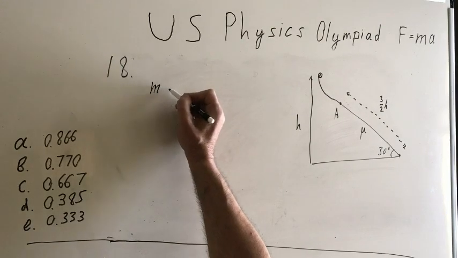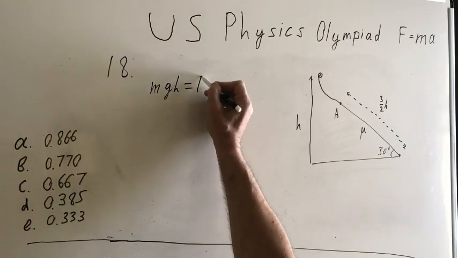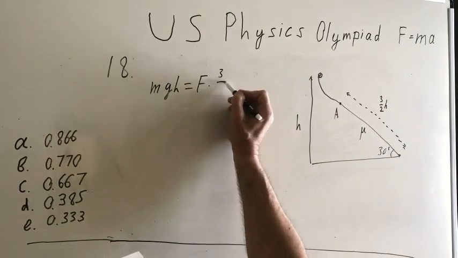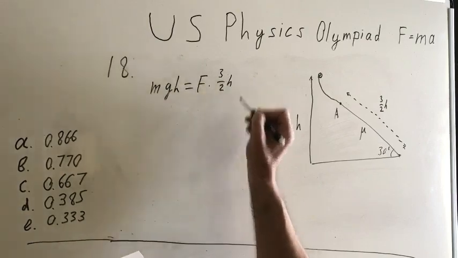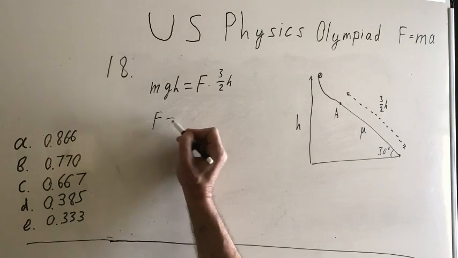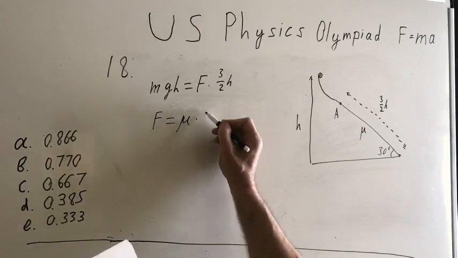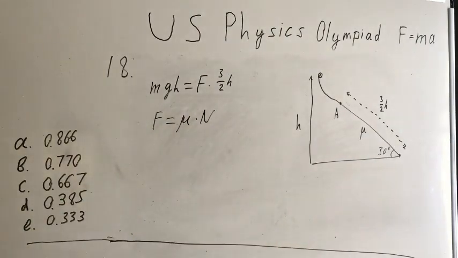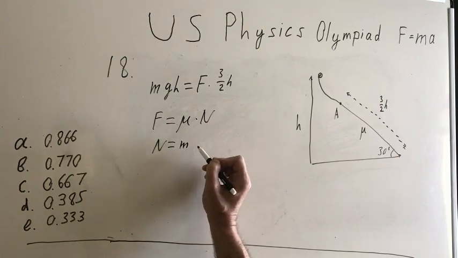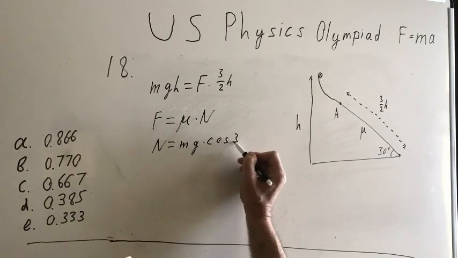Potential energy, which is mgh, equals force of friction multiplied by length, which is 3/2 h. The force of friction equals the coefficient of friction multiplied by normal force, and normal force equals mg multiplied by cosine 30 degrees.